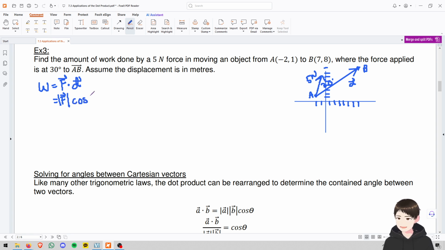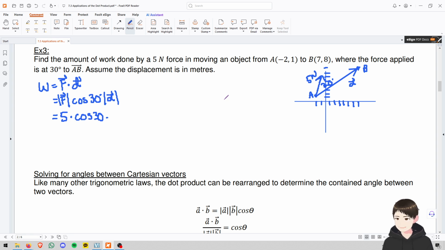So that would be cosine 30 degrees times the displacement vector. Let's take a look at what we actually have. The force is 5 newtons. Cosine 30 is cosine 30. I need the magnitude of the displacement vector. You don't have that right now.